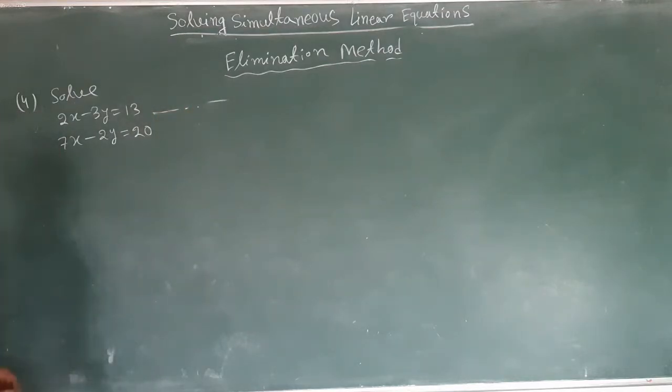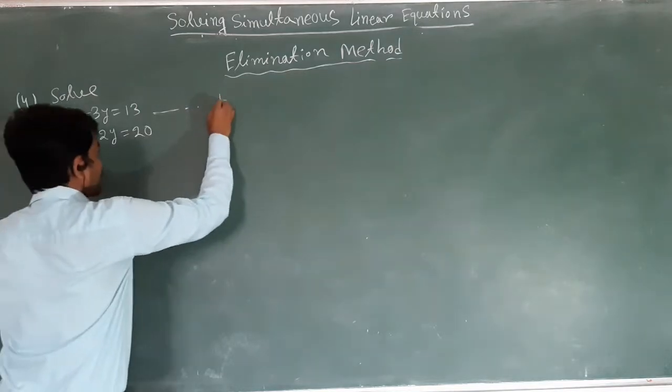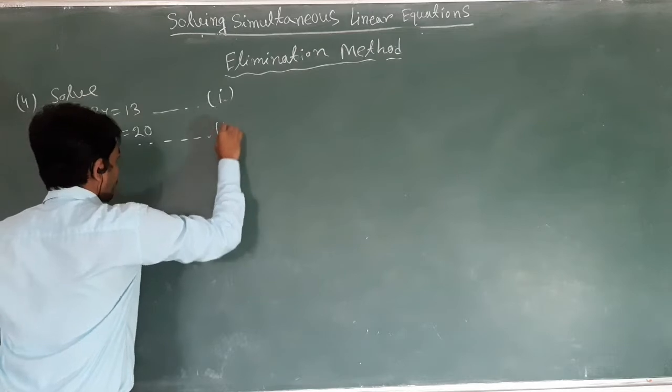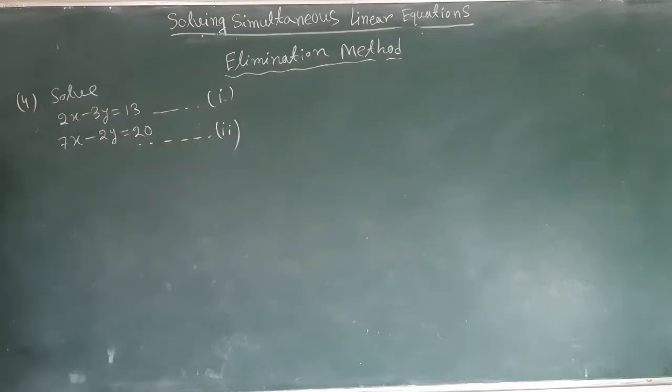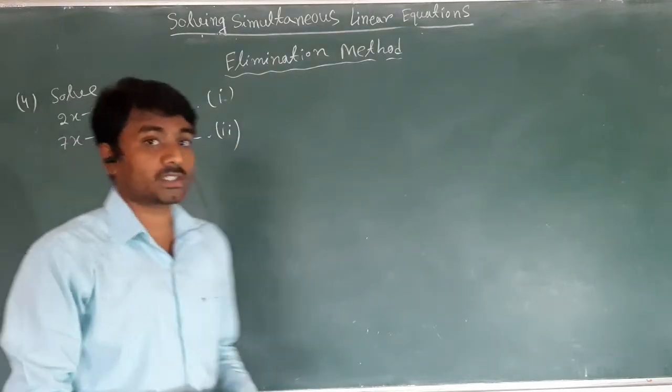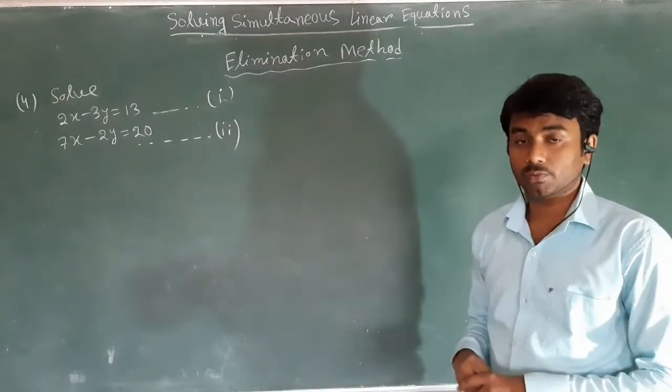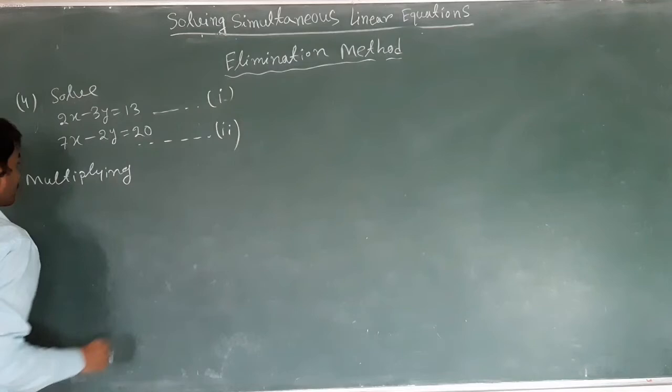First we consider the first equation as equation 1 and the second equation as equation 2. In the elimination method, we have to eliminate any one variable, either x or y.